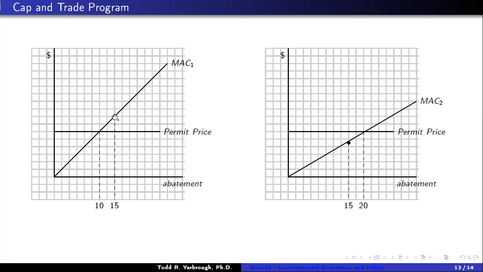And so basically the way this works out is that firm two will sell 5 pollution permits to firm one, and firm one will use those 5 pollution permits to reduce their abatement to 10 units, and firm two will increase their abatement level to 20 units. And again, what this boils down to is this on the margin decision.